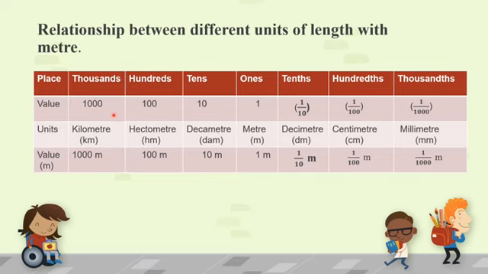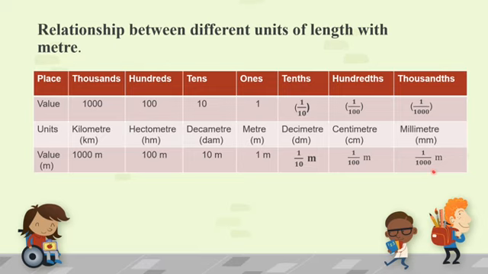Since kilo is standing in the thousands place, it is 1000 meter, hectometer 100 meter, decameter 10 meter, meter being the base unit in ones place, so 1 meter. Decimeter is 1 by 10th meter in fractional form, and centimeter is 1 by 100th meter, and millimeter is 1 by 1000th meter. Units less than 1 in value are represented in fractional form.